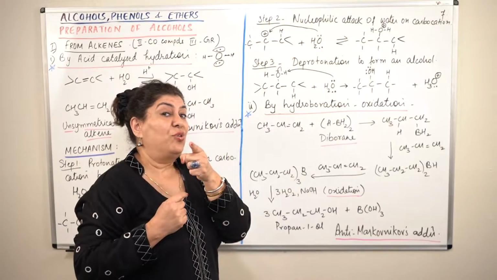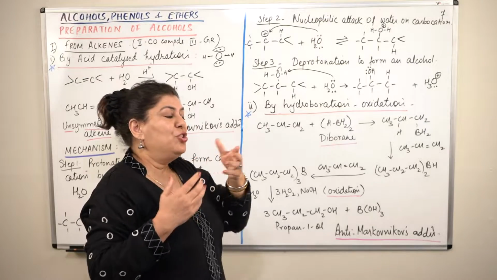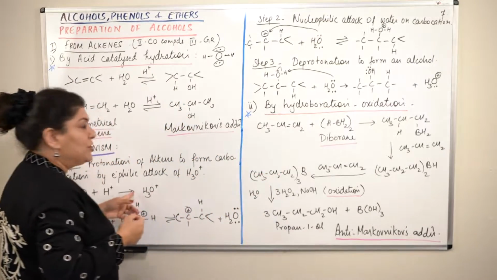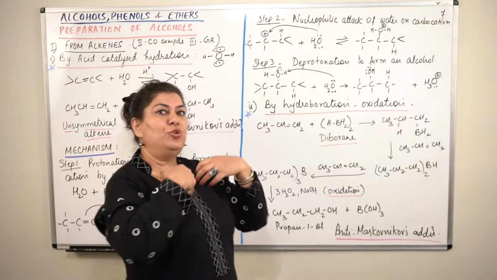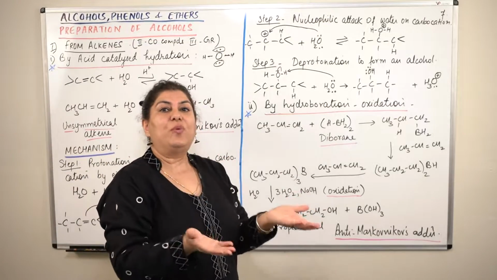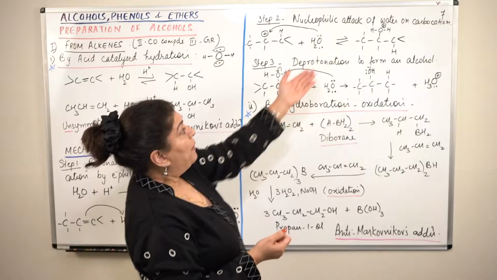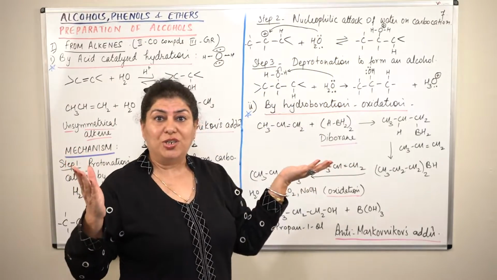But whose electrons are used? Oxygen's. So the moment oxygen uses up its lone pair, it has lost 1 electron. Therefore, that part, the oxygen, becomes positively charged.